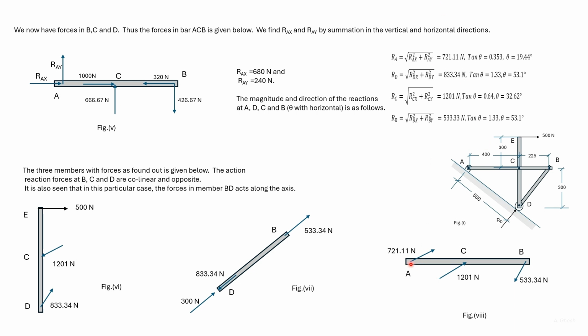The force at A acts at an angle of 19.44 degree. This is unusual for a frame, but here in BT we see that the resultant force are along the axis of the member.